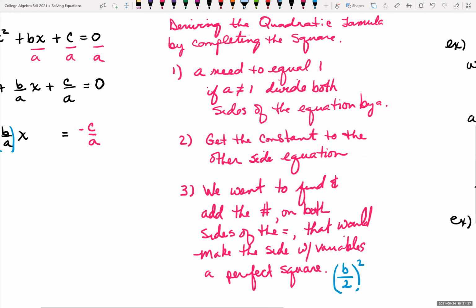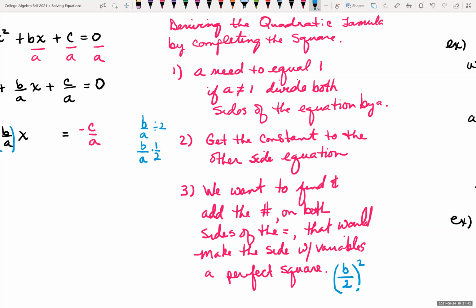So b over a, and we're dividing that by 2. So another way to think of that is b over a times 1/2. Multiplication of fractions, we multiply straight across. So we get b over 2a.